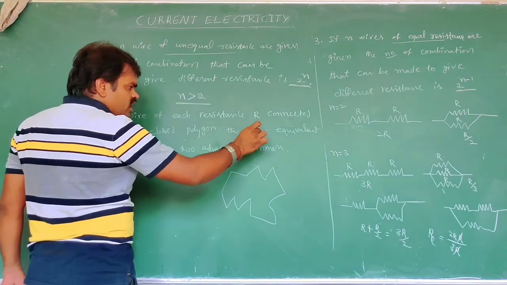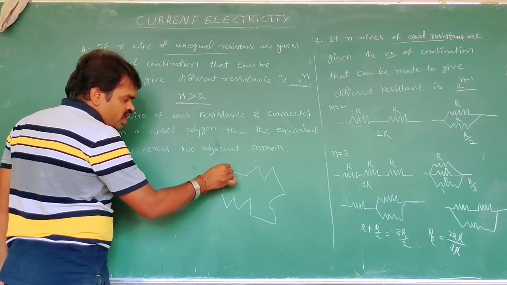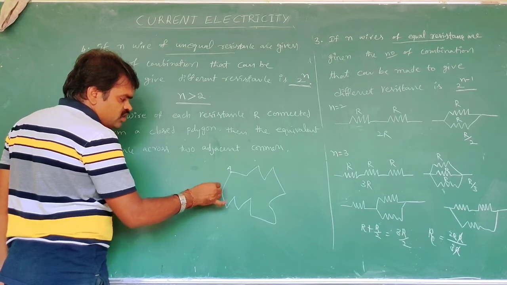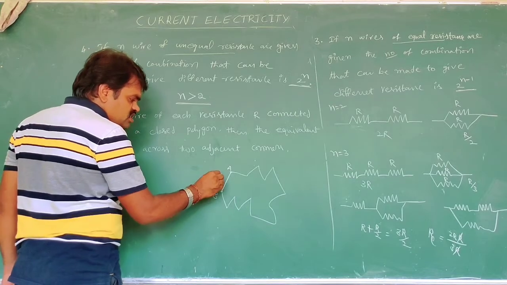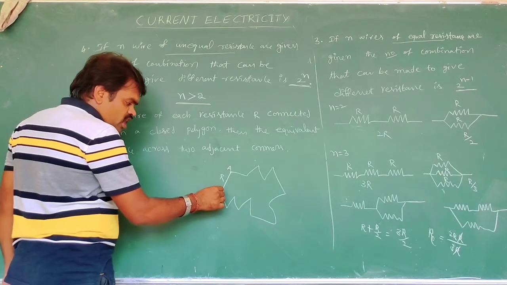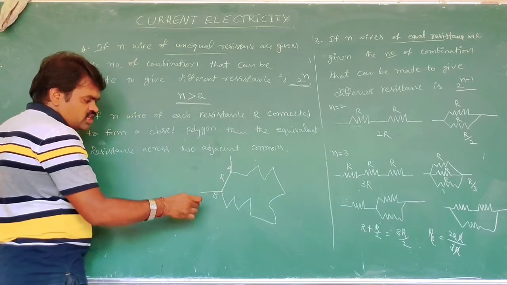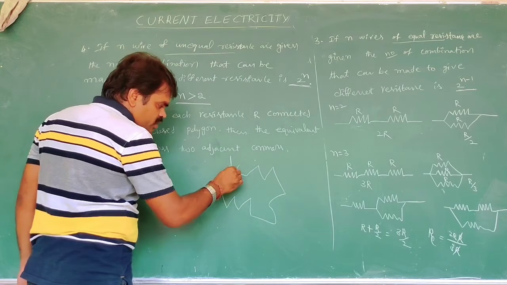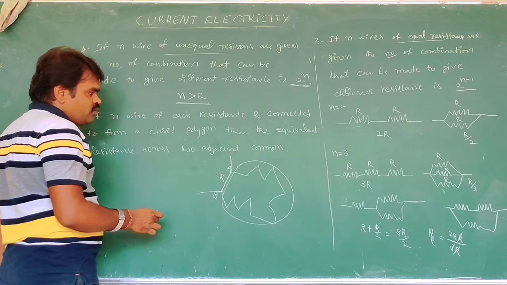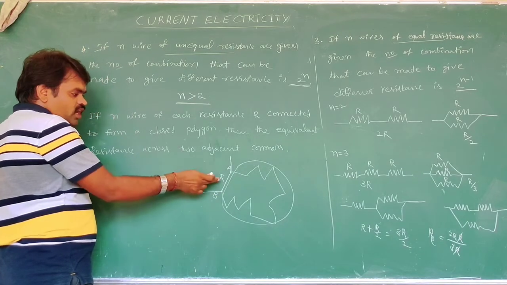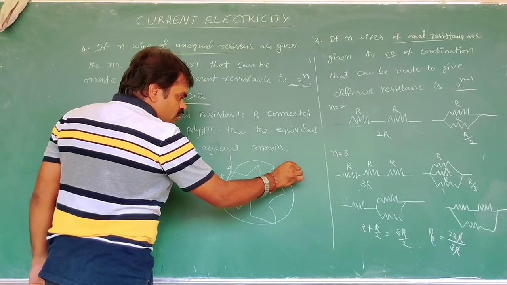Now, the equivalent resistance across two adjacent corners. This is one adjacent corner, and this is the other one. This is AB, the adjacent corners. This resistance is R. For the remaining, we want the equivalent resistance across these adjacent corners. How many resistances will there be? Total n, but one is left out, so the remaining is n minus 1.